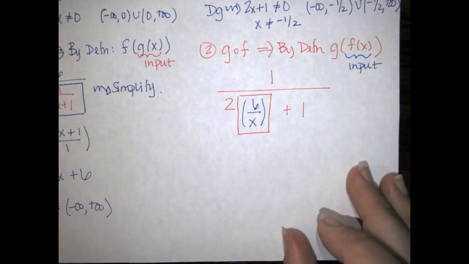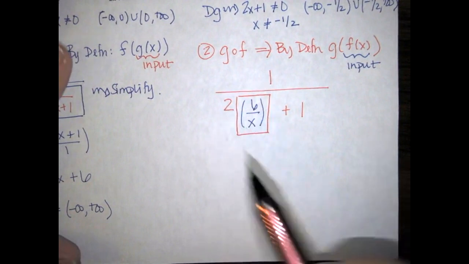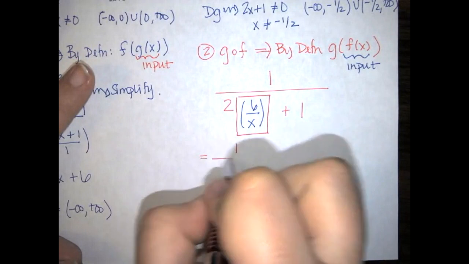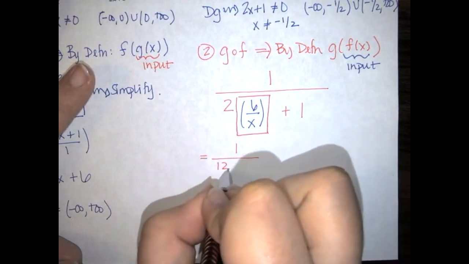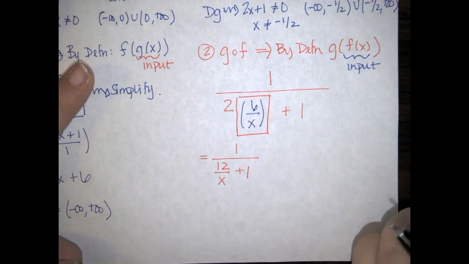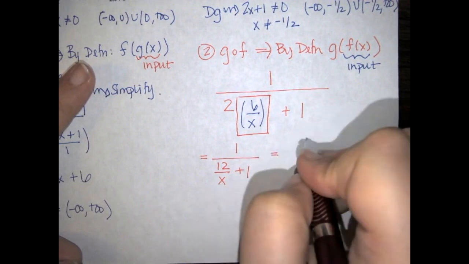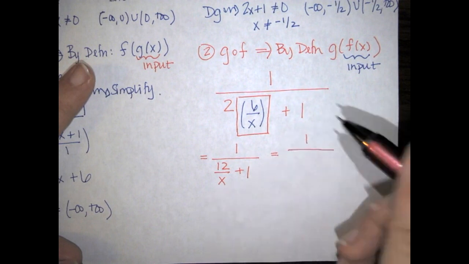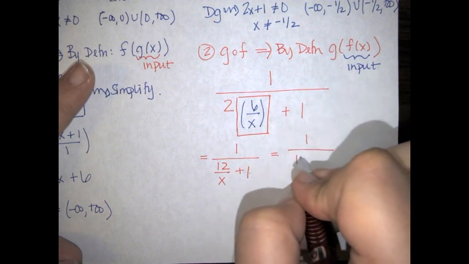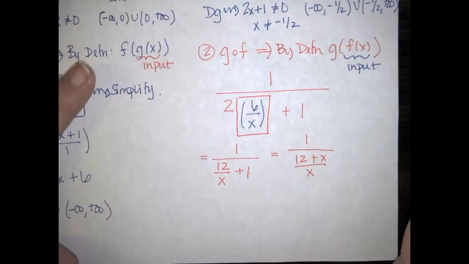So I actually have to do a little work to simplify this down. So I'm going to multiply in. So this is going to become 1 over 12 over x plus 1. I have to combine my fractions, which says that this is 1 over, what's missing is my x, so this becomes 12 plus x over x.